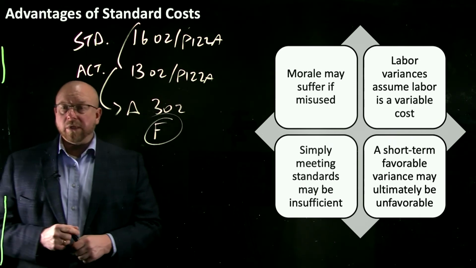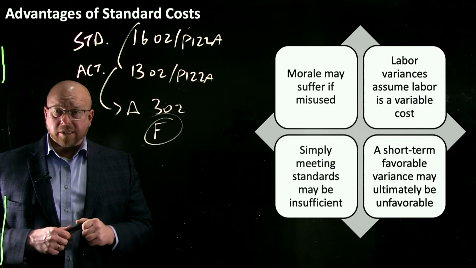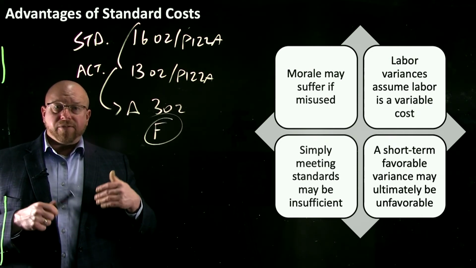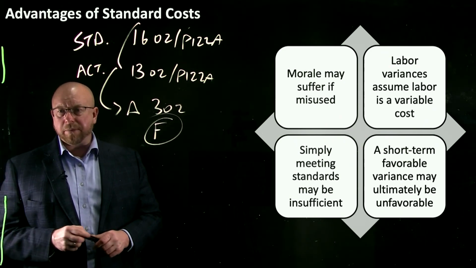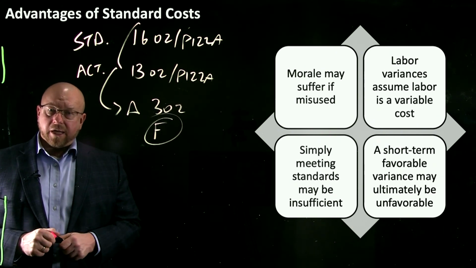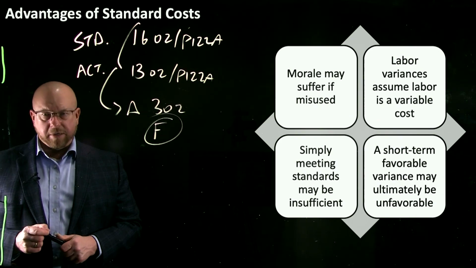You could do the same thing with labor. In the short run, we could save dollars and enhance profits by scheduling fewer employees for fewer hours. But if it becomes complete bedlam or chaos in that restaurant during a busy period and customer service suffers because of that, that short-term favorable variance in the long run could definitely be unfavorable.